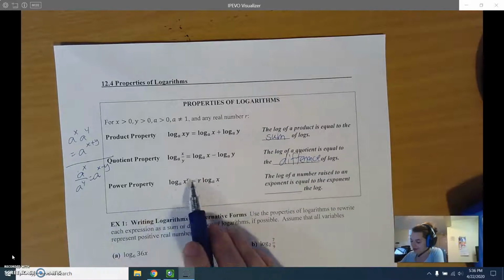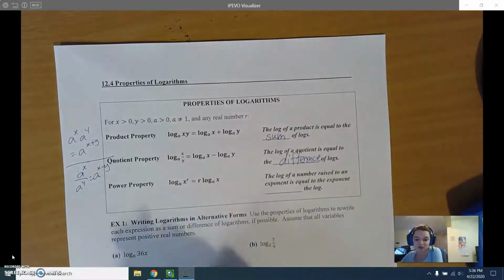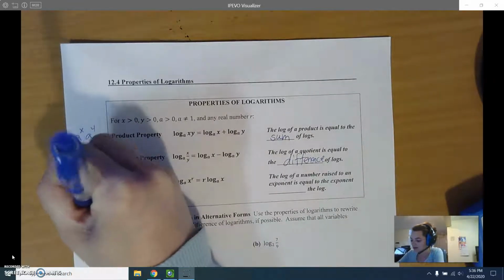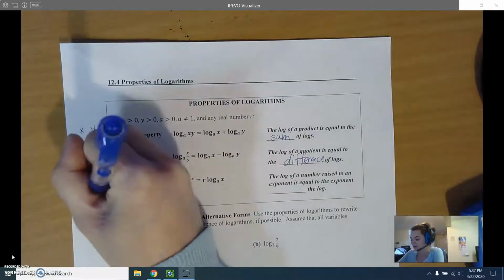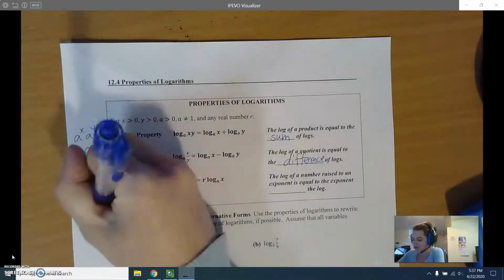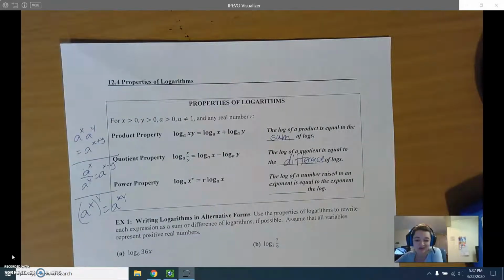We have the log base A of x to the r. And so this is where you have like an exponent raised to an exponent, and that meant that they were multiplied together. So do you remember having like a to the x raised to the y power, something like that, where you had an exponent raised to another exponent? Then you would multiply those exponents together. Do you remember doing that a little bit?